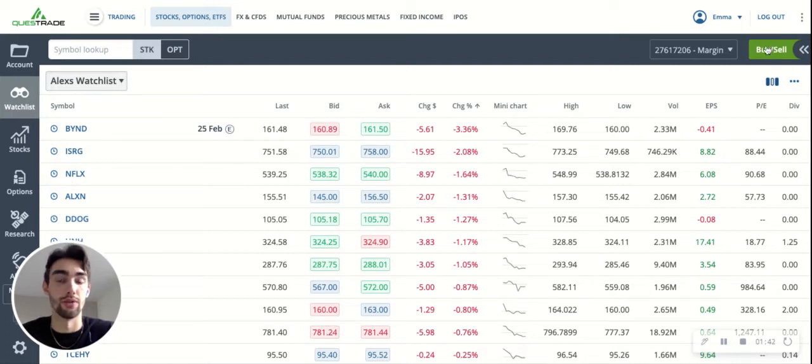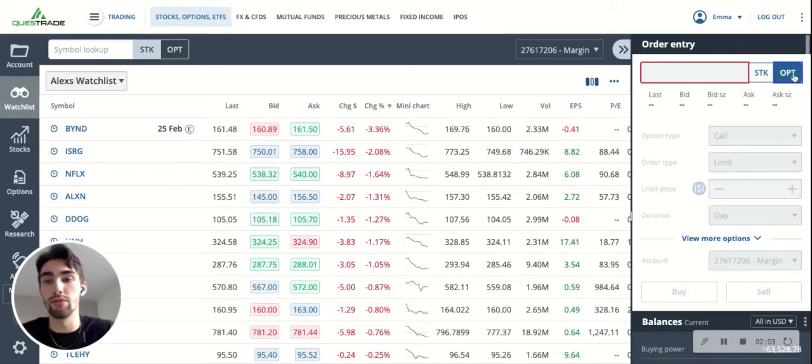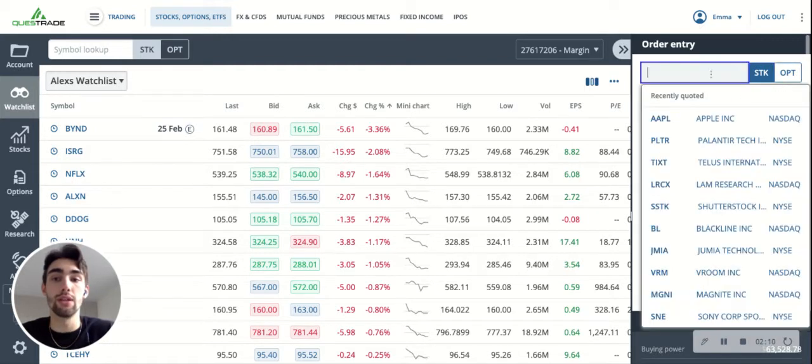I'm not entirely sure what it will look like on your brokerage account, but it will likely say buy or sell, buy and sell, buy slash sell, one of those options. You're going to click on it, and this little side pop-up window will come up, and there's STK here for stock and OPT here for options. You could click on options if you wanted to trade options, but for the sake of this video, we are going to stick with stocks only.